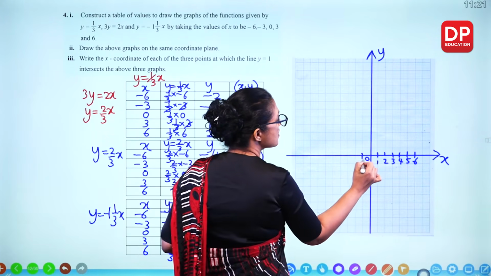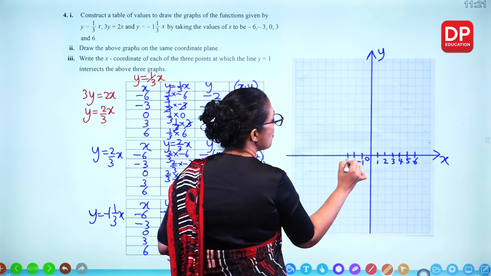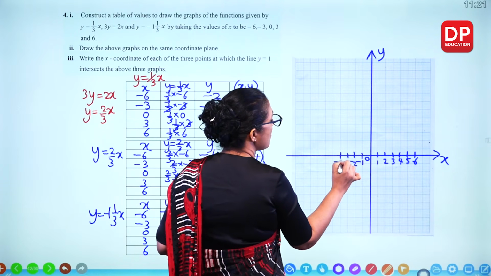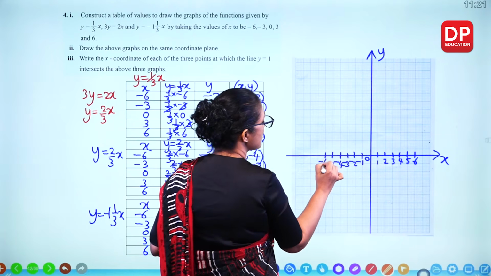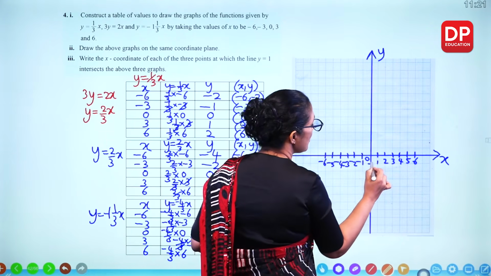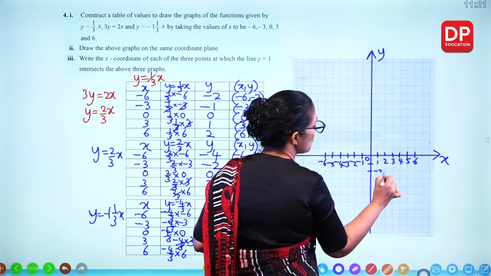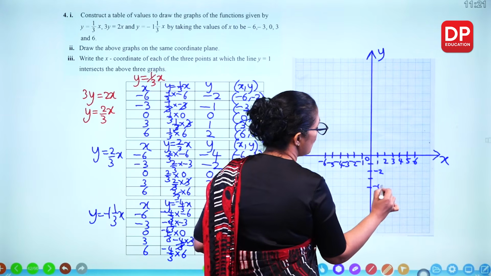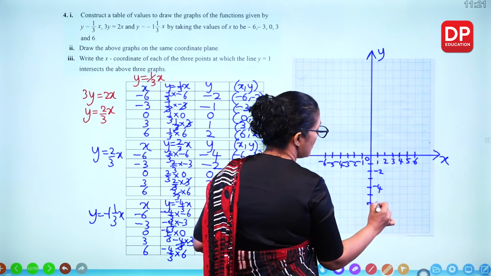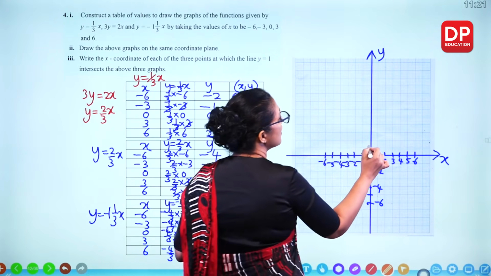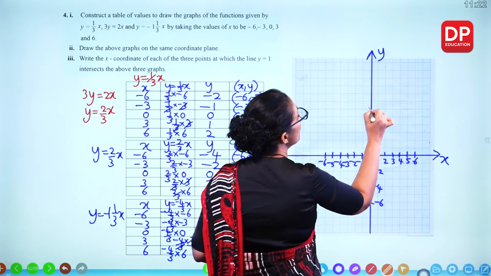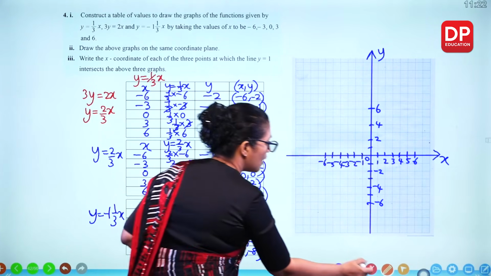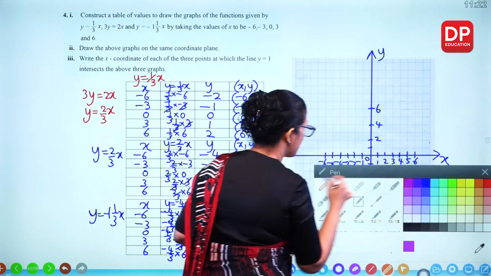Here minus 1, minus 2, minus 3, minus 4, minus 5 and minus 6. Here 1, 2, 3, 4, 5, 6. 2, 4, 6.